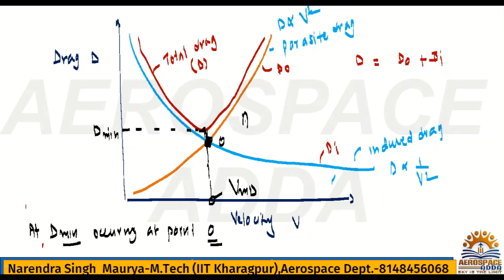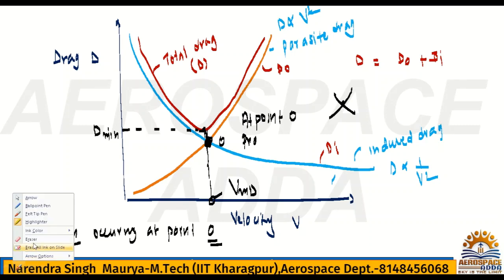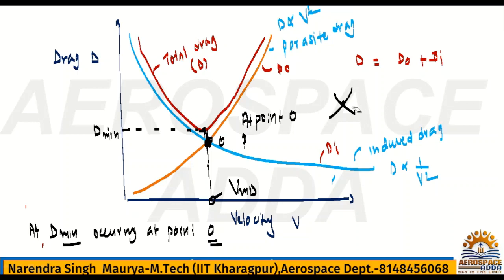So at point O, because two lines are crossing, at this point the magnitude of the two will be the same or not? At point O, can you say the parasite drag is equal to the induced drag?